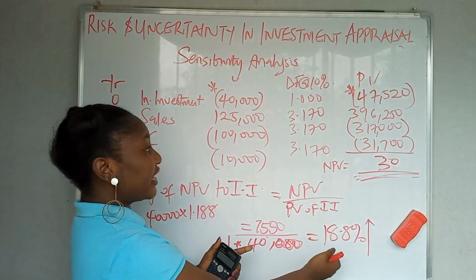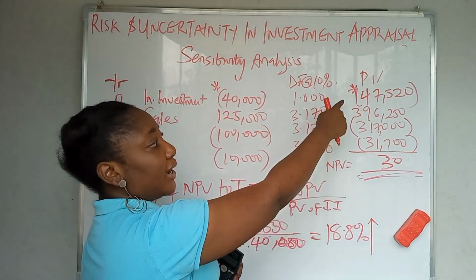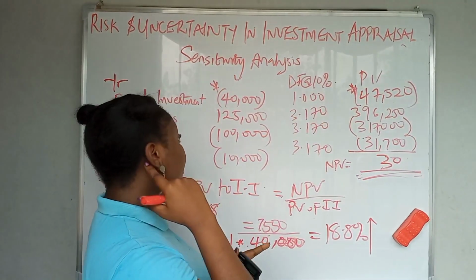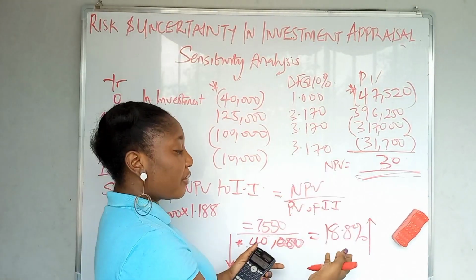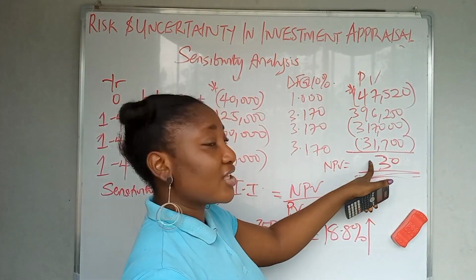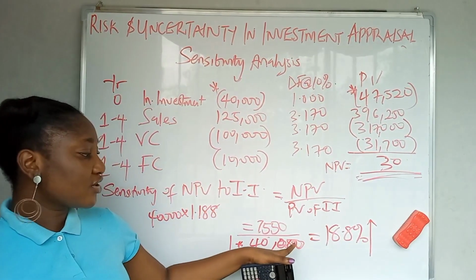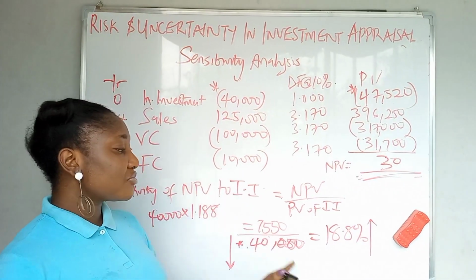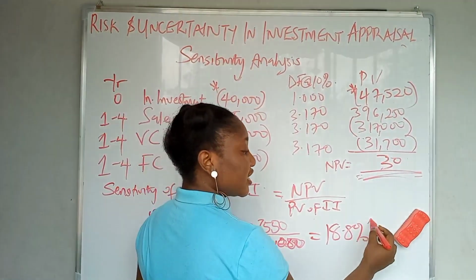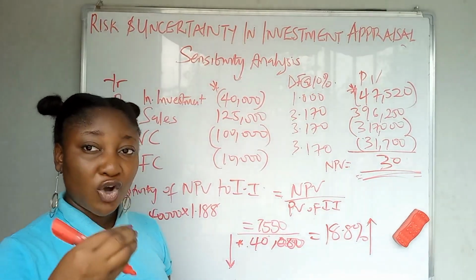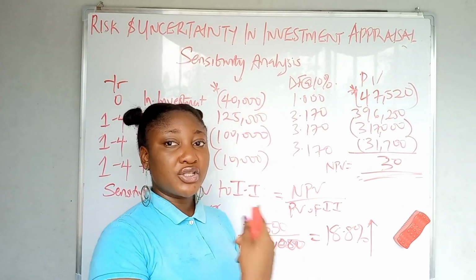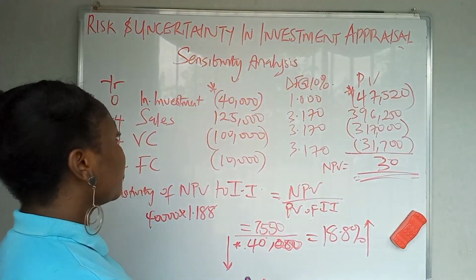If I had multiplied the whole digit by 40,000, I would probably have gotten 0. So the interpretation is that if this initial investment cost increases by 18.88%, the NPV will become 0, and if it increases beyond 18.88%, the NPV will become negative.